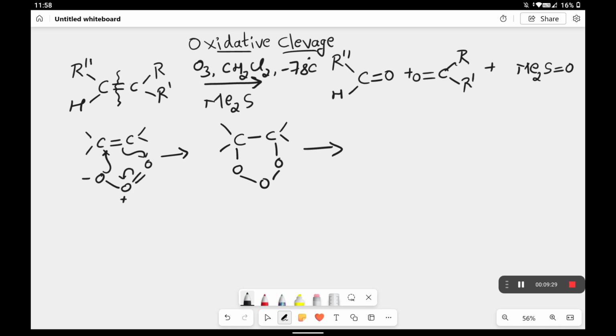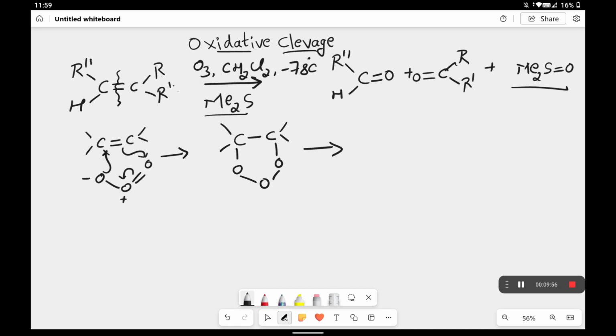Here, since one R group, any alkyl or aryl group, and hydrogen are there, the compound we get here is an aldehyde. On the other side, since the two groups are R, alkyl or aryl, you will get a ketone compound. After the addition of dimethyl sulfide, you will get dimethyl sulfoxide.